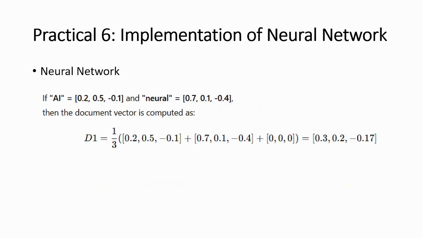As an example representation, we have been given two words. A is represented in a three-dimensional perspective, and neural is also represented in a three-dimensional perspective. When a document corpus is there, for this specific word representation, we identify the documents for this particular set of vocabulary and assign weights to each and every document.